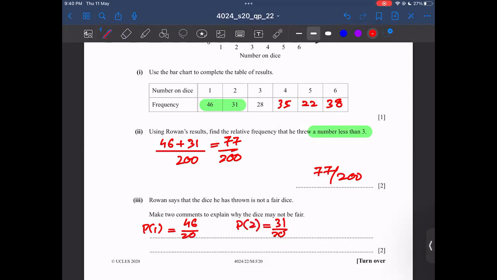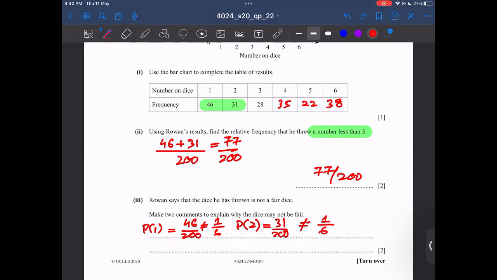So 46 by 200 is greater than 31 by 200. They are not equal, and they should each be equal to 1 by 6. Secondly, they are not equal to 1 by 6. They should be equal to 1 by 6.